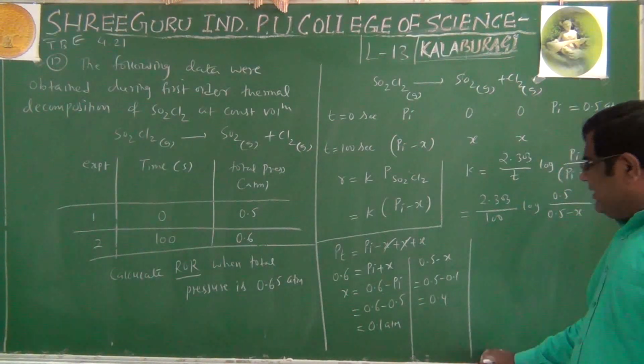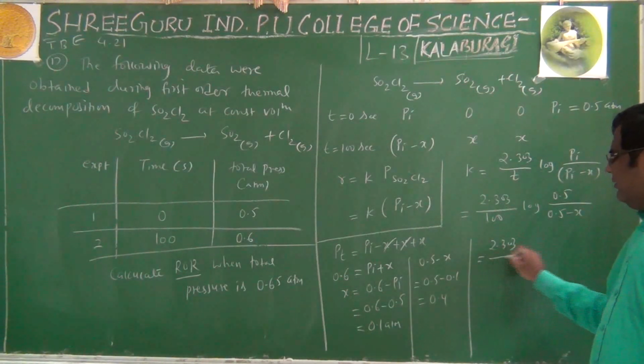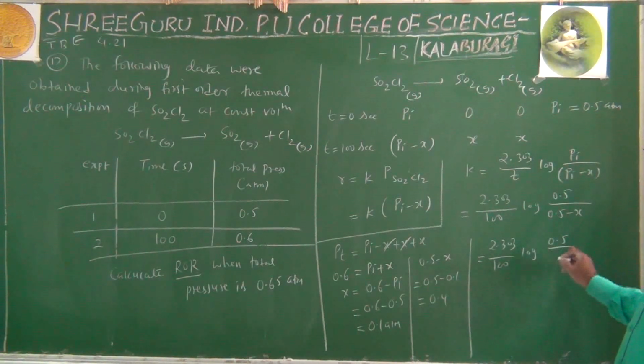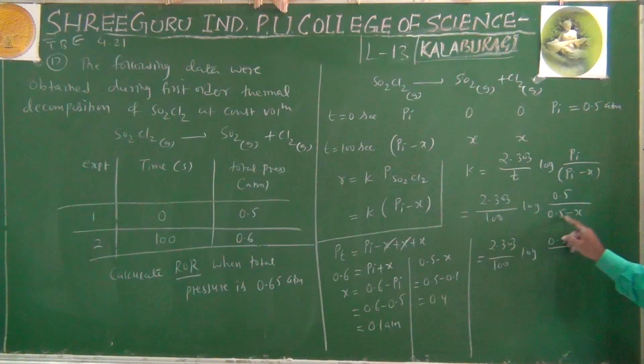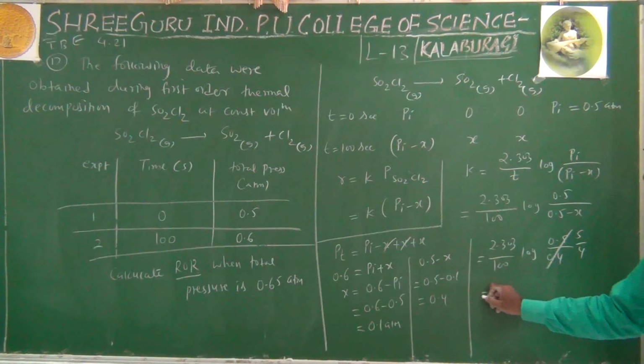We can substitute that here. 2.303 by 100 log of 0.5 divided by 0.5 minus x, already we have calculated this, so this is 5 by 4.